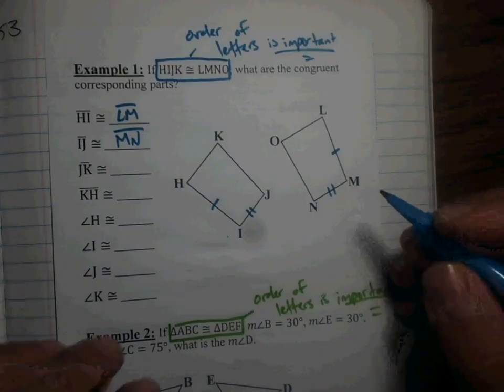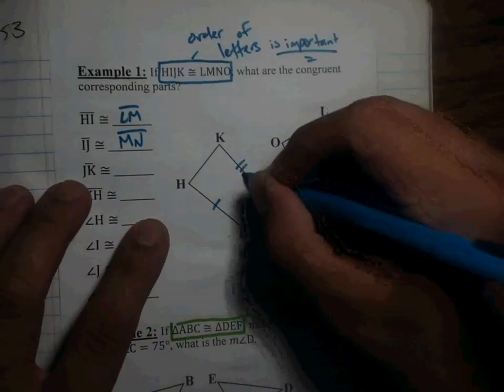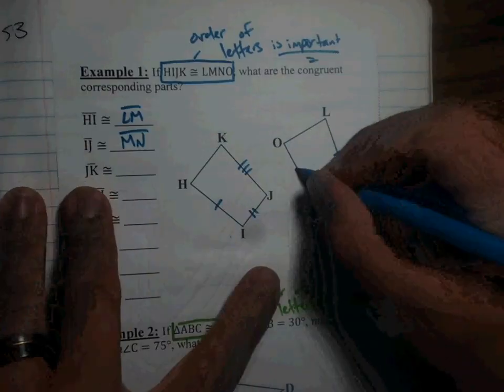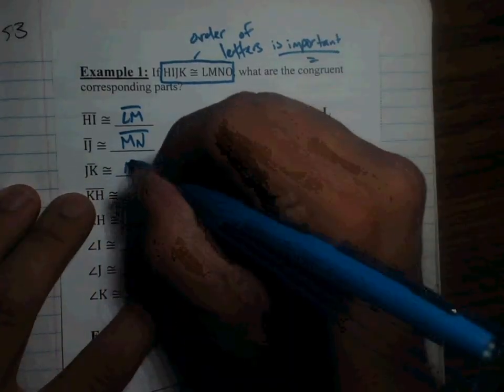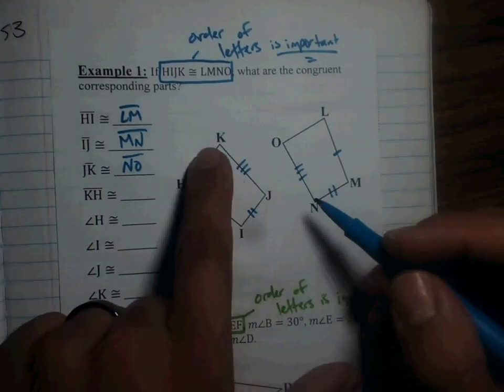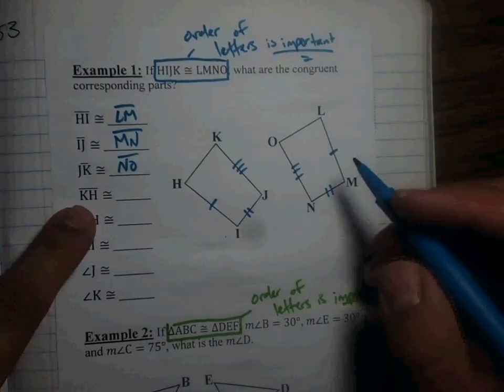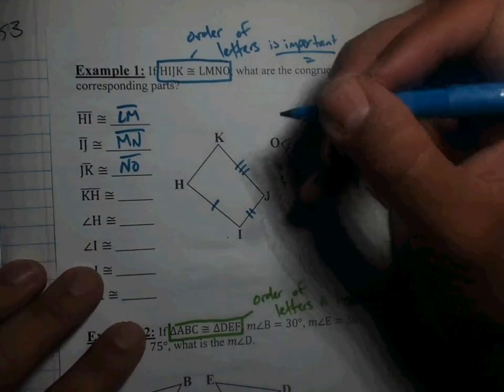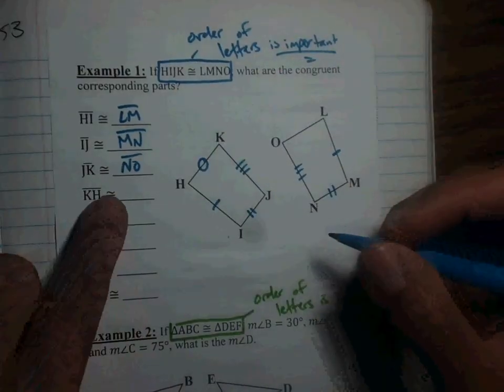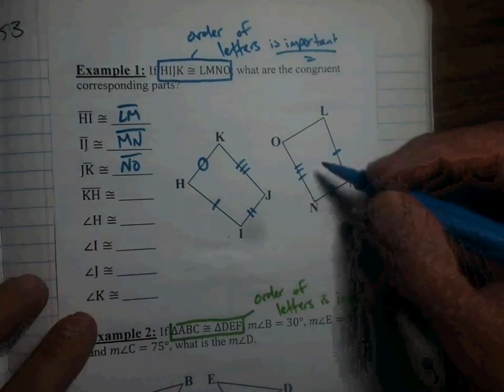JK is congruent to NO. Start from the bottom, J to K, N to O. And lastly, KH, which we can do like a circle here, is congruent to OL.